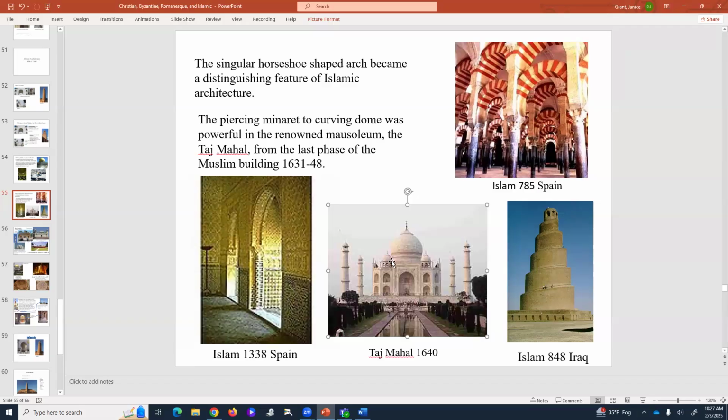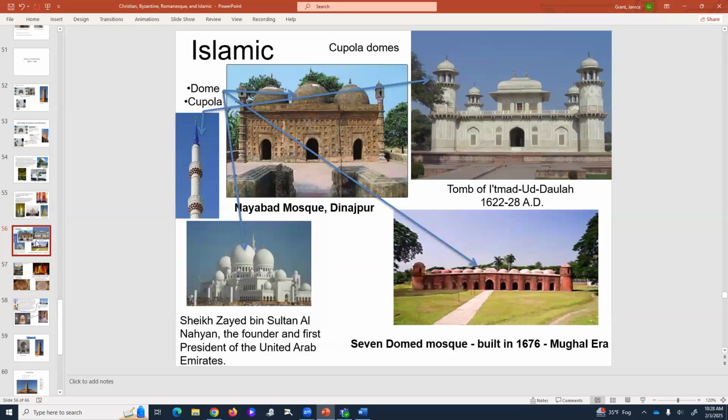I don't think I told this class, but in different architecture firms that I worked with, if we were over detailing something, someone would comment, don't spend so much time on that, we're not designing the Taj Mahal, because of all of its details and time consuming mosaics. It's beautiful.